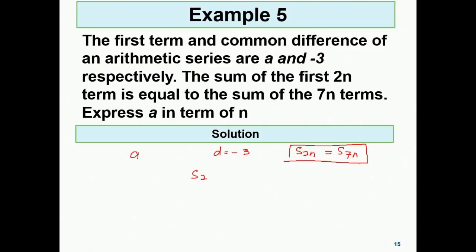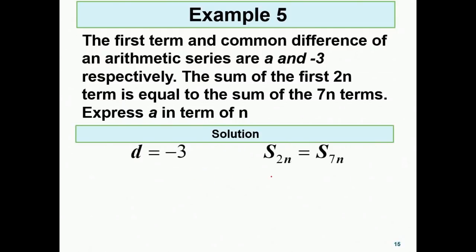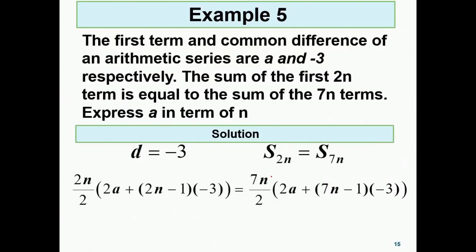So S2n is equal to S7n. Now, for S2n, the formula is 2n over 2 times 2a plus 2n minus 1 times d, where d is equal to negative 3, and 7n over 2 times 2a plus 7n minus 1 times negative 3.